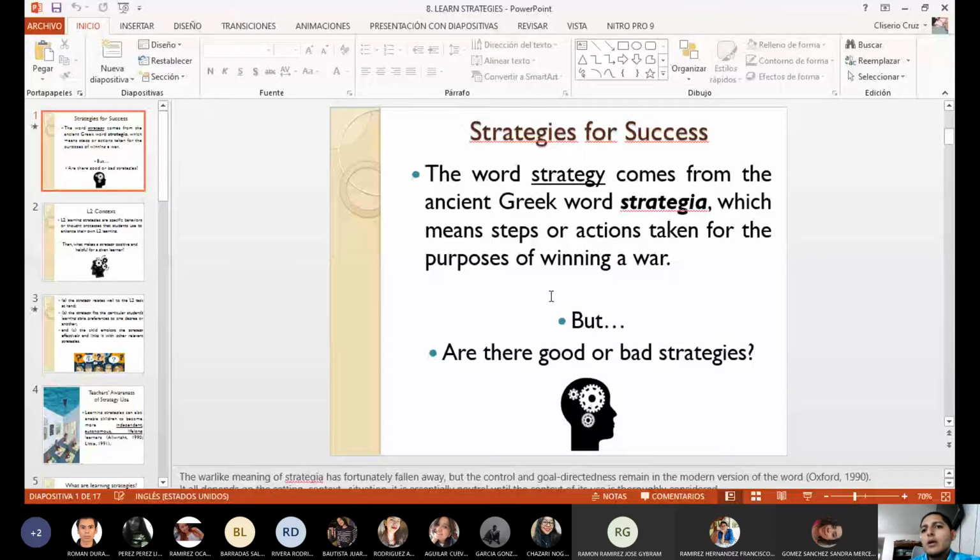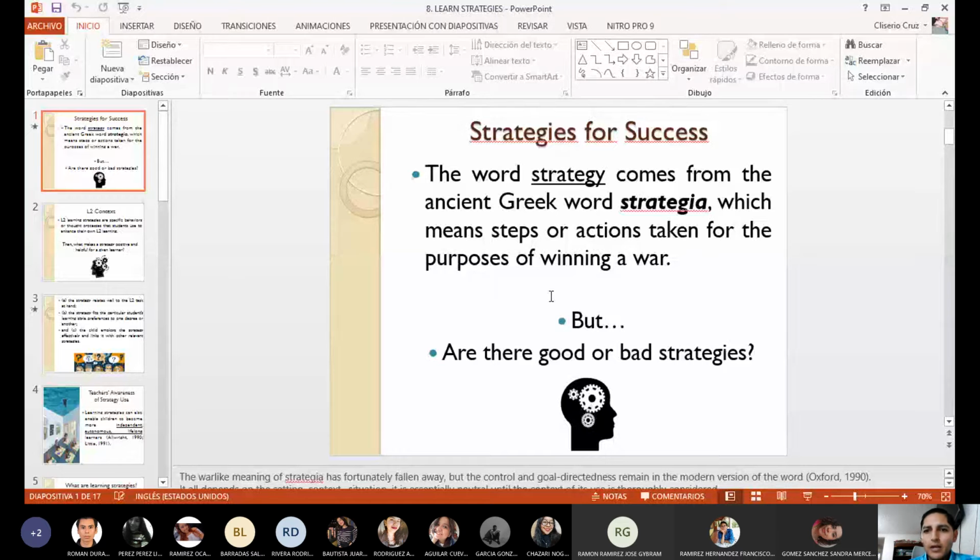And then it was employed for the education field, and the strategy was supposed to be a personal construction, an individual building of steps, behaviors, and actions in order to achieve an academic goal.